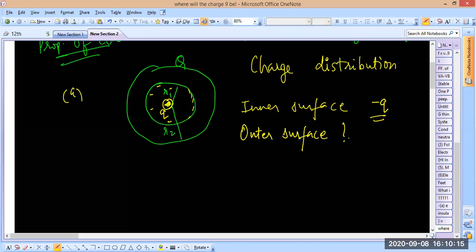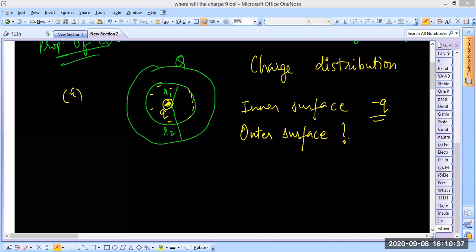Come on, how much charge will be there on the outer surface? Yes. No, Ramya. Others, your answers are right. No, Vishwa. No, Harsh. No. Yes, they will. Correct answer.